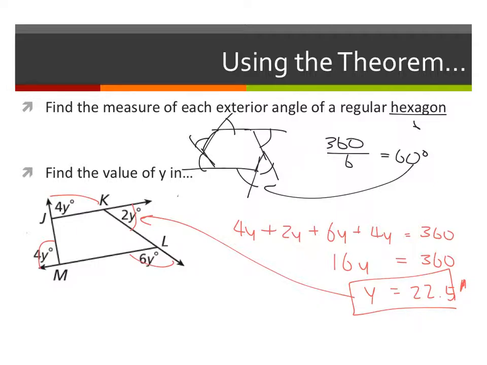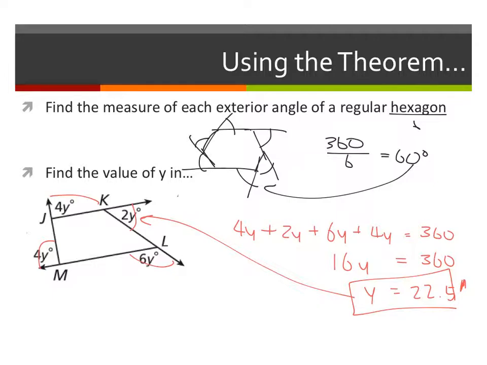This must be 90 degrees, and here is 112.5. No, sorry. It must be 135. If you multiply 22.5 times 6.